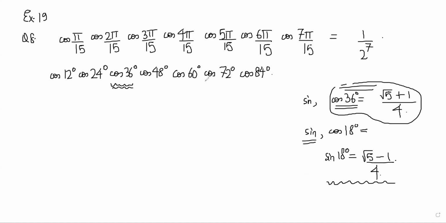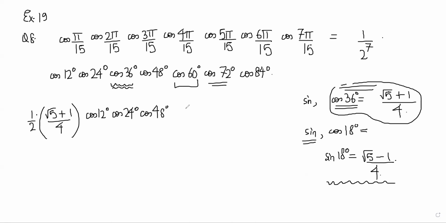Do you understand what I'm saying? Yes, sir. So if we have that, then obviously cos 60 value we know already, right? Yes. So we can say half for cos 60, and for cos 36 I can write root 5 plus 1 by 4, right? And I have left cos 12, cos 24, and cos 48, and cos 72 can be written as sine 18. And cos 84 I will write as it is because I don't know the value right now.